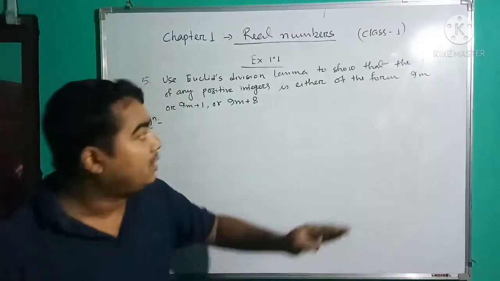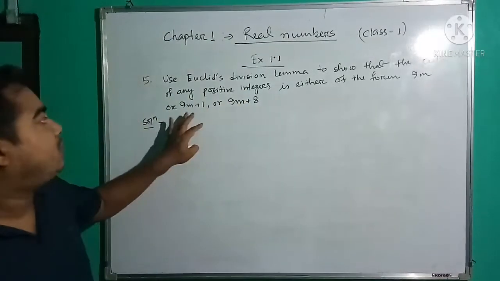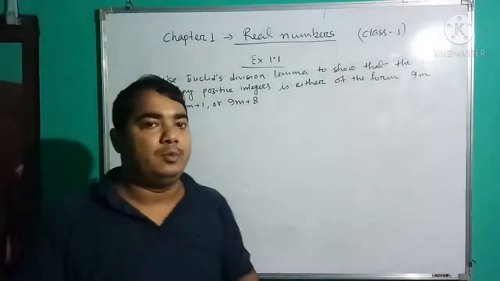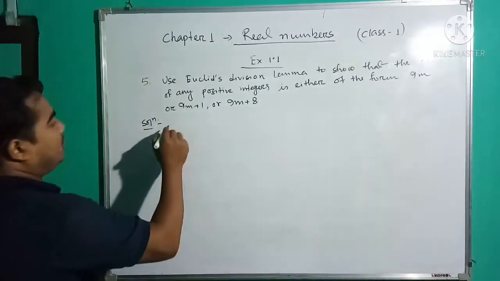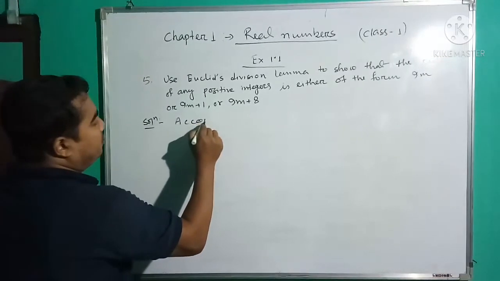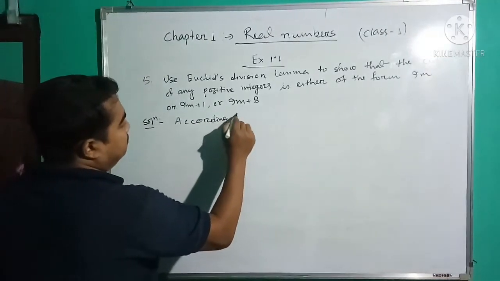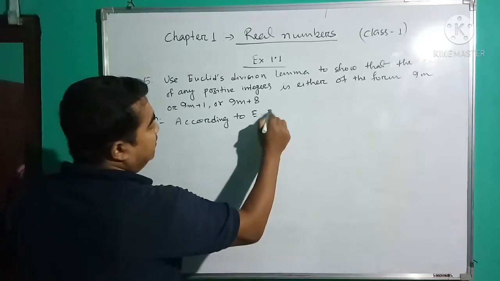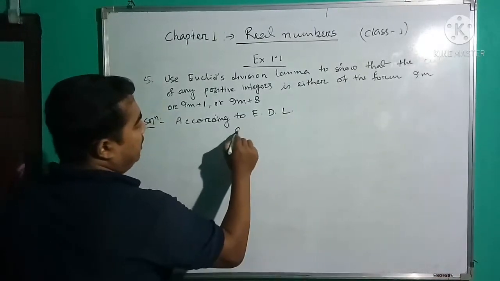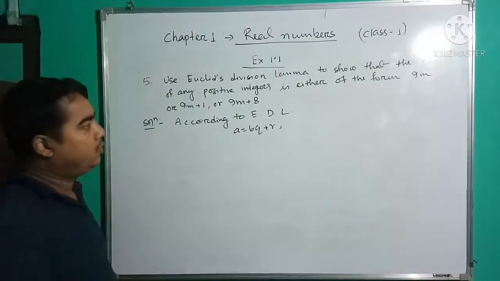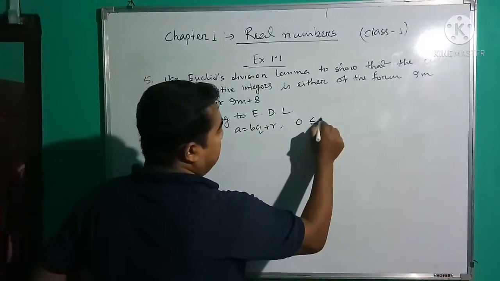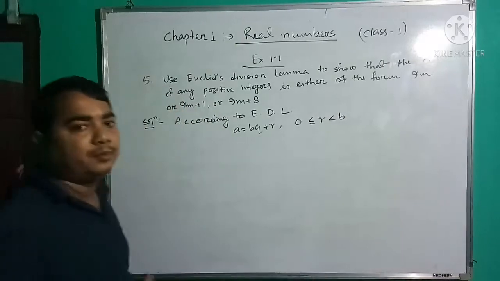But at last we want it as 9m or 9m plus 1 or 9m plus 8 form. Okay? At first, plot b equal 3. Write the first step according to Euclid's division lemma. a equal bq plus r, where 0 is less than or equal to r is less than b.